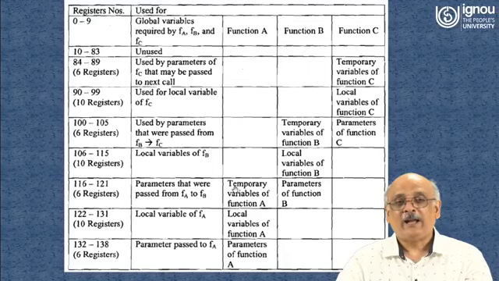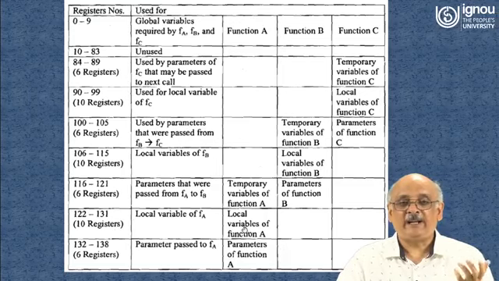As and when function A wants to call function B, function A will put those parameters for function B in the temporary registers, which are registers 116 to 121. Suppose you are calling with, let's say, X, Y, Z, just 3 variables.